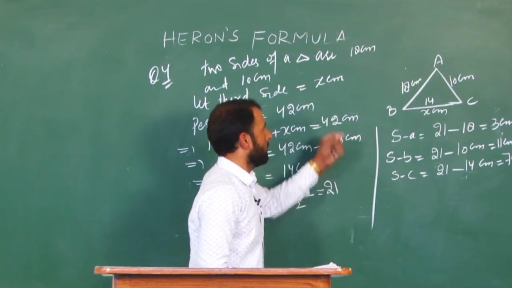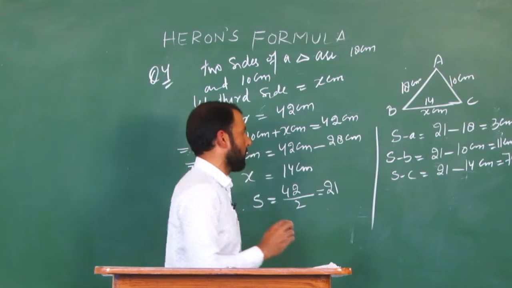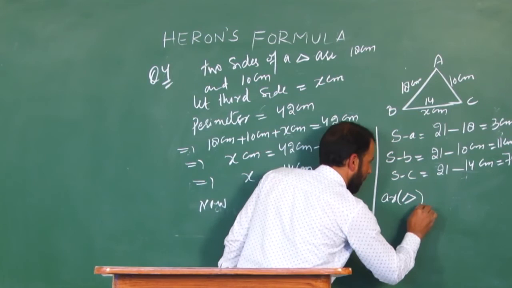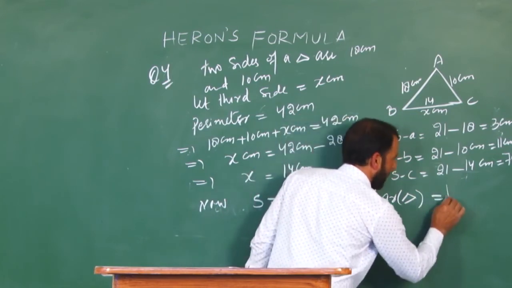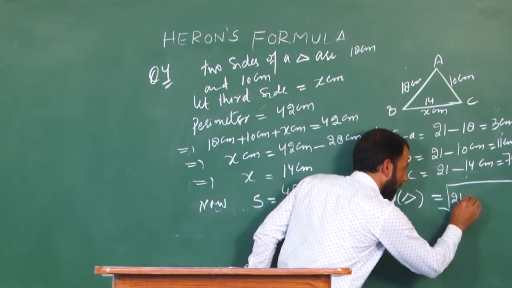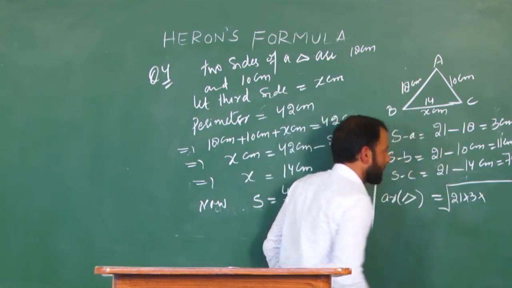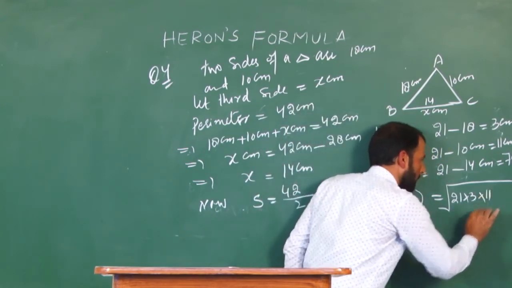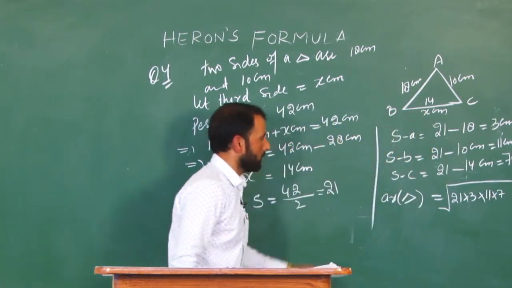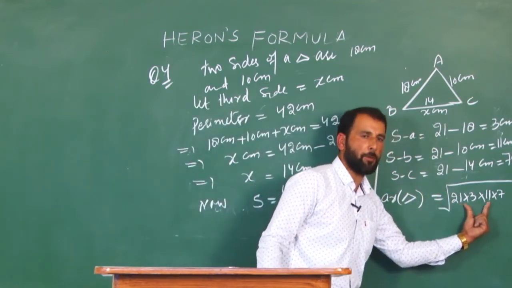Now after finding the semi-perimeter and S minus A, S minus B and S minus C, we apply Heron's formula. Area of a triangle is equal to square root of S into S minus A into S minus B into S minus C square unit. What is S here? S is 21, S minus A is 3, S minus B equals 11, S minus C equals 7. Here we can make pairs in the square root.